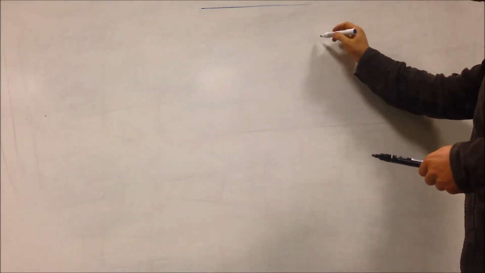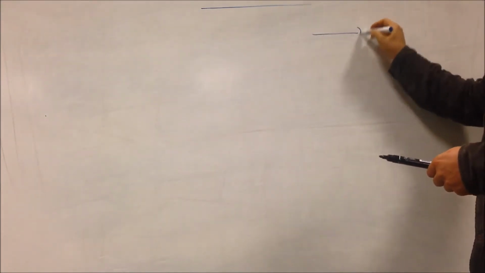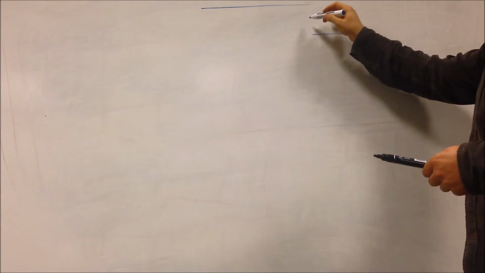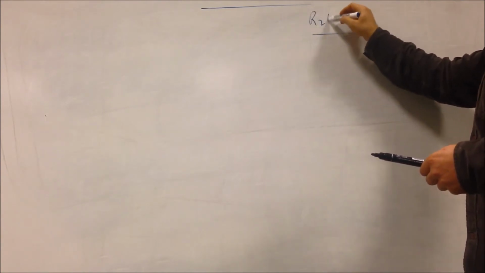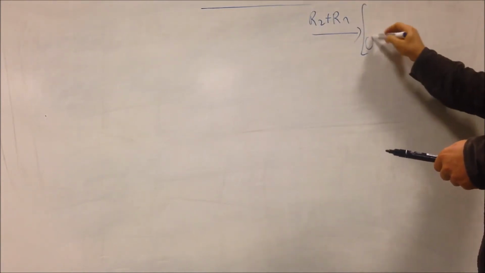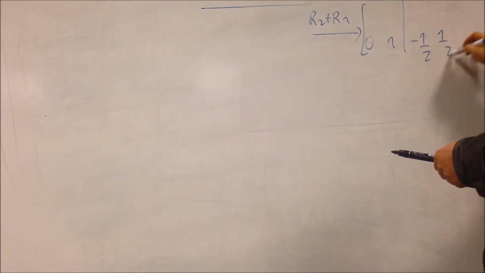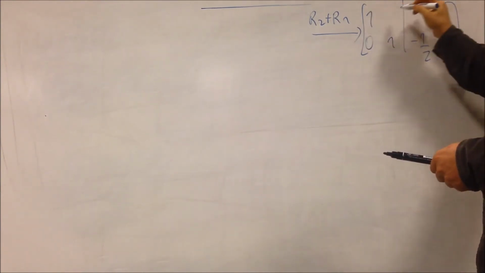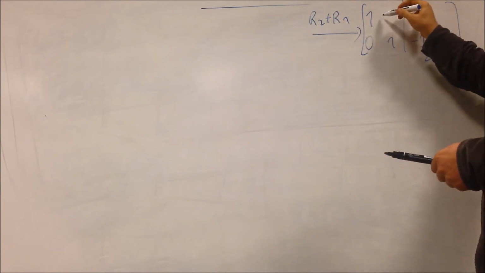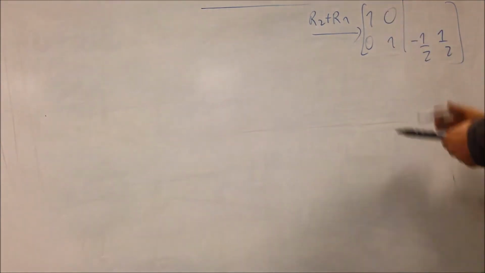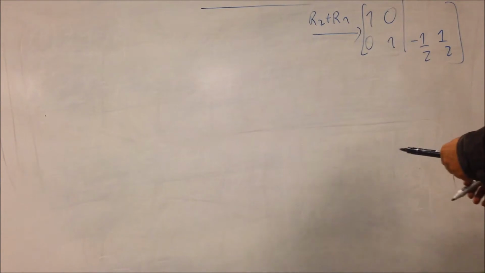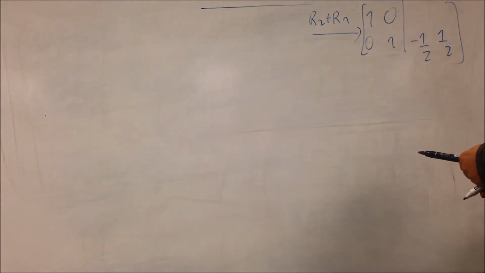So this is our next operation. You cannot see it, but it goes on like this. Row 2 added to row 1. Row 2 is unchanged. And if you add it to row 1, you obtain 0 here.